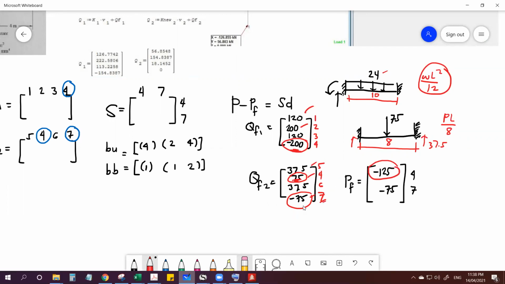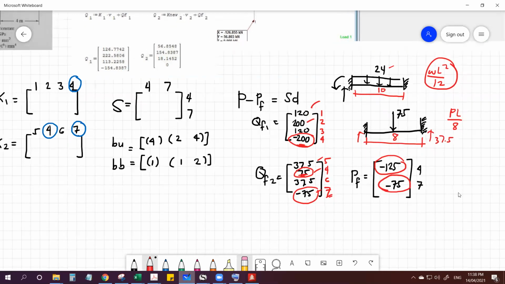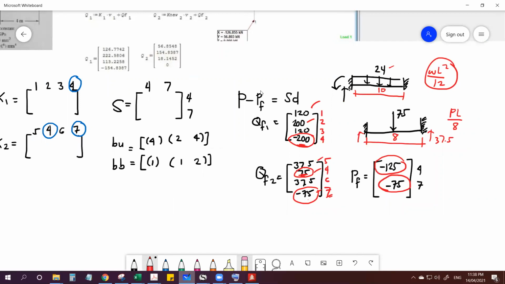And for code 7, you have negative 75. Remember, this is our formula, so I'll rewrite that here. As you notice, you don't have a P vector because you don't have a load applied at the nodes. So this is 0. Therefore, this will be the negative of negative 125, negative 75, which is equal to S times D. S is determined using our SMAT code, and you can get D.